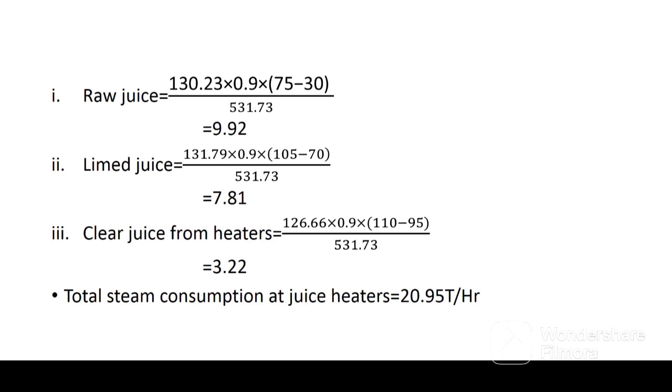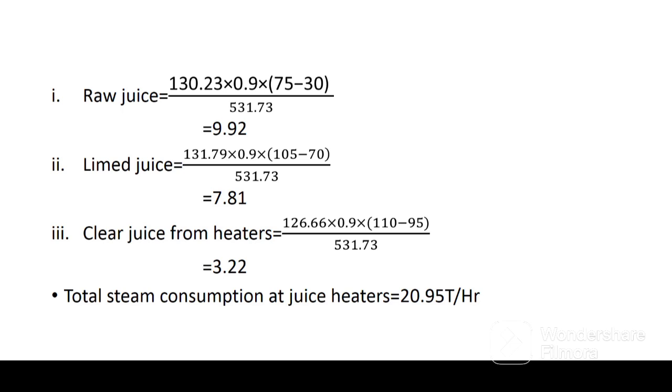We'll start with raw juice or mixed juice. For our mixed juice, the quantity of mixed juice per hour, we have said it is 130.23 times the specific heat capacity of juice, 0.9, times the temperature change. We said the initial temperature of mixed juice was 30 and after heating the final temperature was 75.